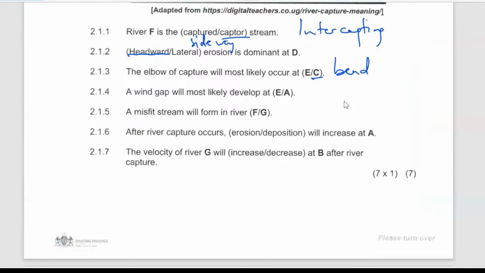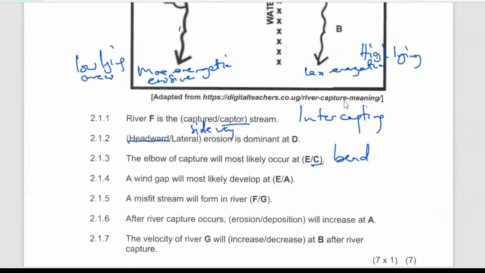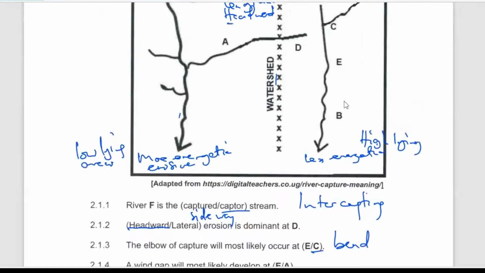Right, a wind gap will most likely develop at E or A. A wind gap is the gap between the elbow of capture and the misfit stream. If the stream is captured, there's going to be a gap next to that elbow of capture. The bend is here. It means this stream has captured this, and there is a bend here, which is an elbow, and there will be a misfit stream, which is going to continue.